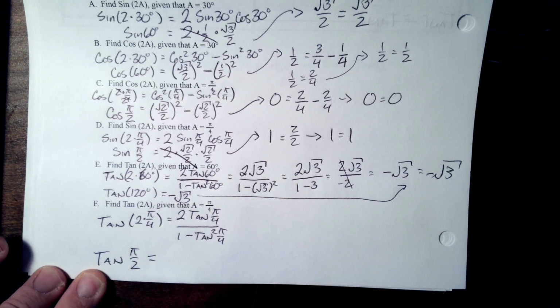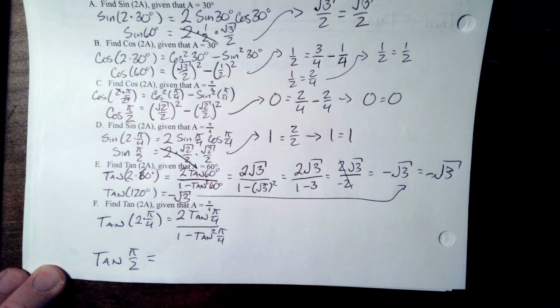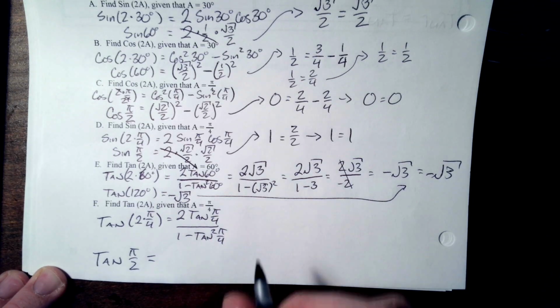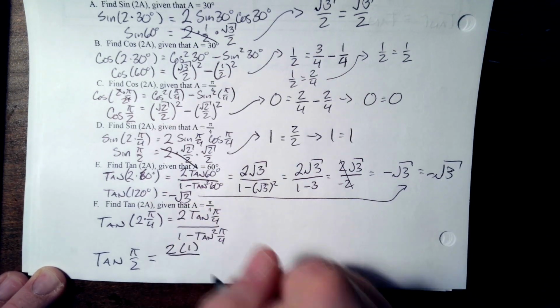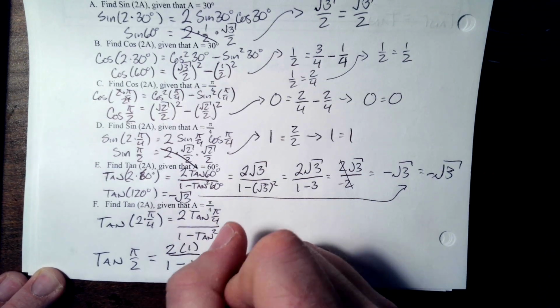But that's kind of a familiar set of terms. The tangent of pi over 4 is 1. So we get 2 times 1 over 1 minus 1 squared.